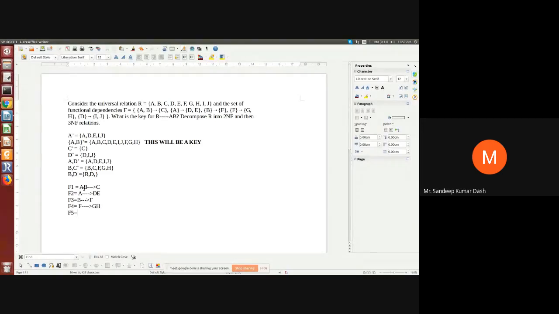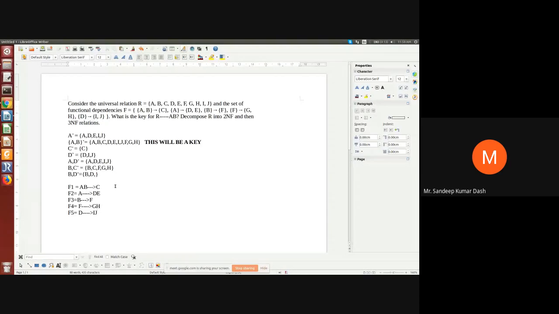F5 is D determines IJ. So this is your functional dependency set given: AB determines C, A determines D, B determines F, F determines GH, D determines IJ.